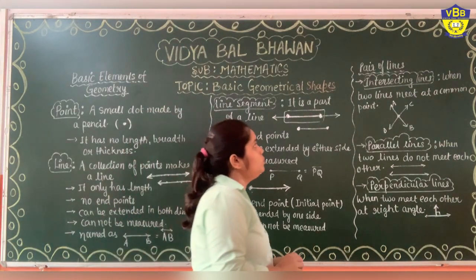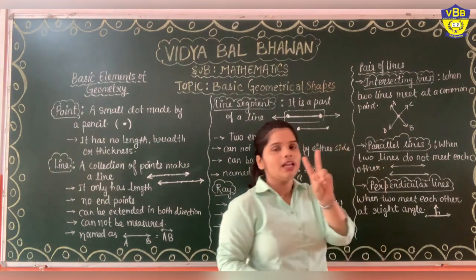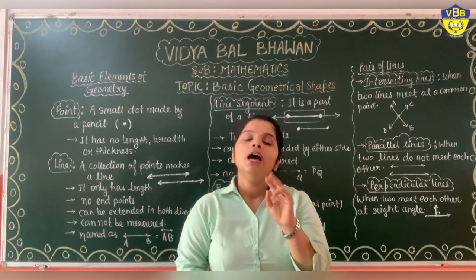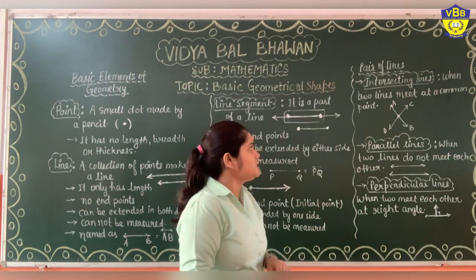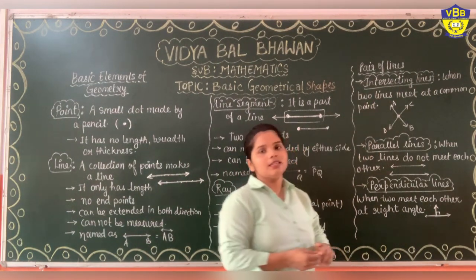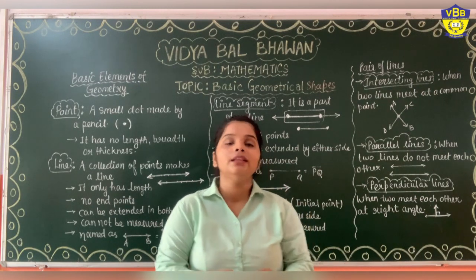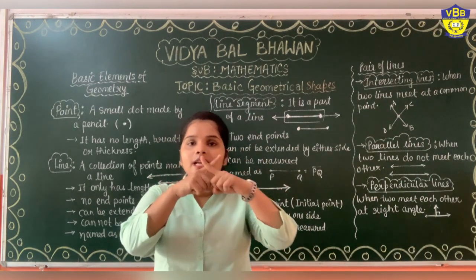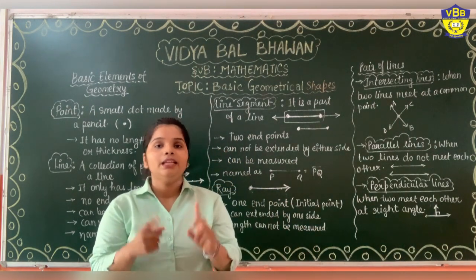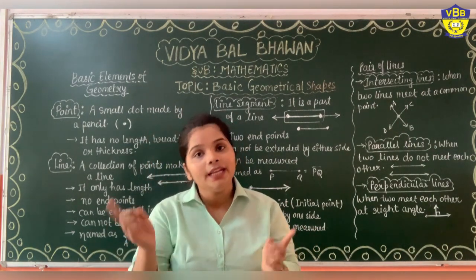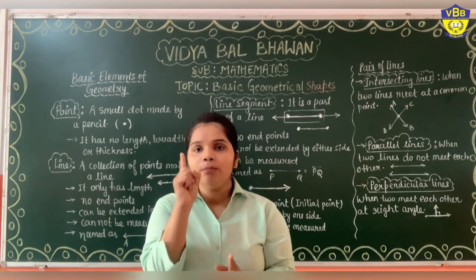Now let's move to our next point, that is pair of lines. Like we are having 2 lines, so what conditions can be there? We will discuss that. First one, intersecting lines. Intersecting lines are the lines when 2 lines intersect each other at one common point, like 2 lines meeting or cutting each other at a single point.